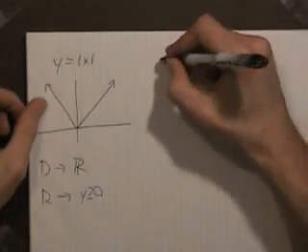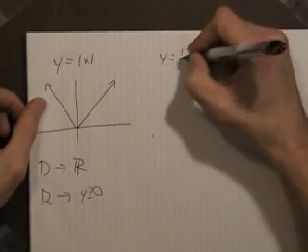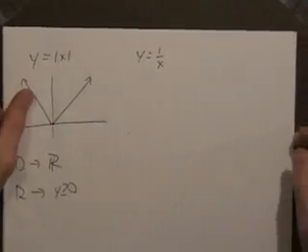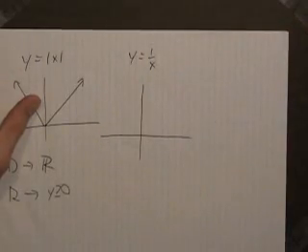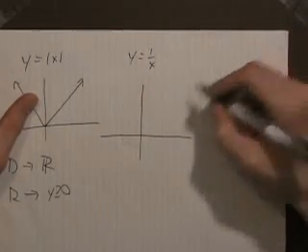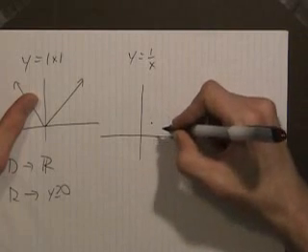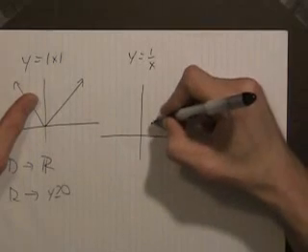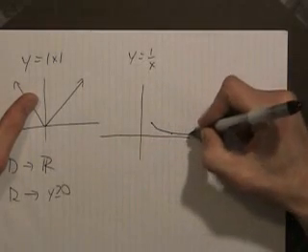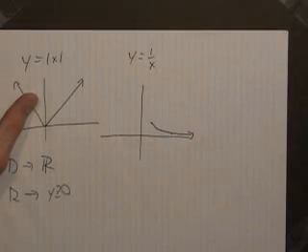Something else we have would be y equals 1 over x. Another basic function. So what's that look like? If you start plugging in some numbers, 1 goes to 1, and 2 goes to 1/2, and 3 goes to 1/3, and so on and so on. So it's going to look like this. The larger x gets, the smaller the whole thing becomes.